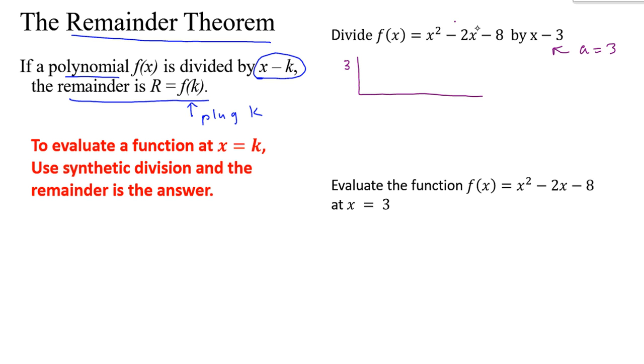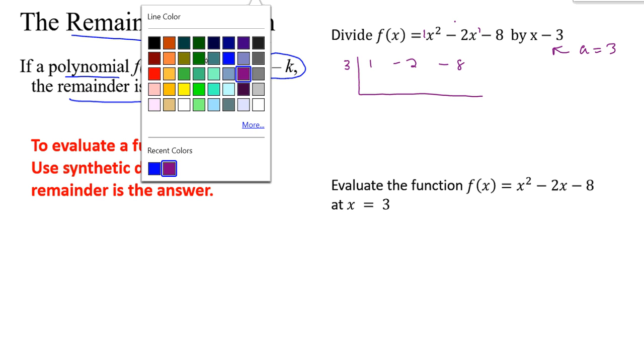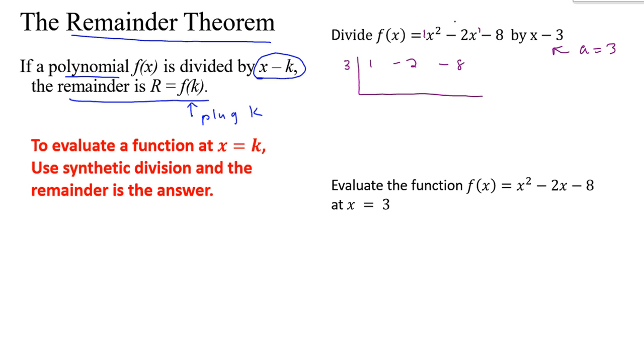No, I've got 2, 1, none. So my coefficients are 1, negative 2, negative 8. The process says bring the first one down, multiply diagonally, write it above, and then add those numbers together. Repeat for that one, and you get negative 5.